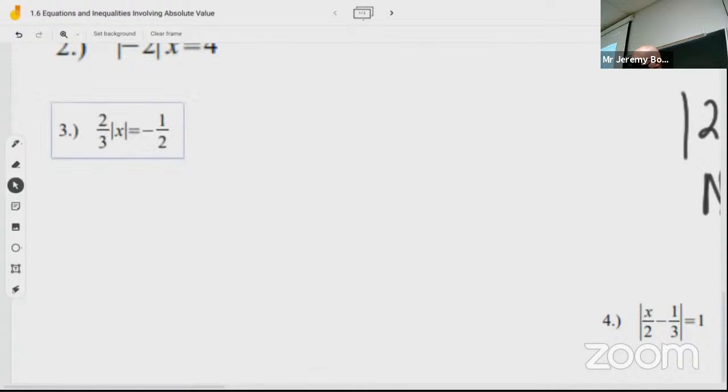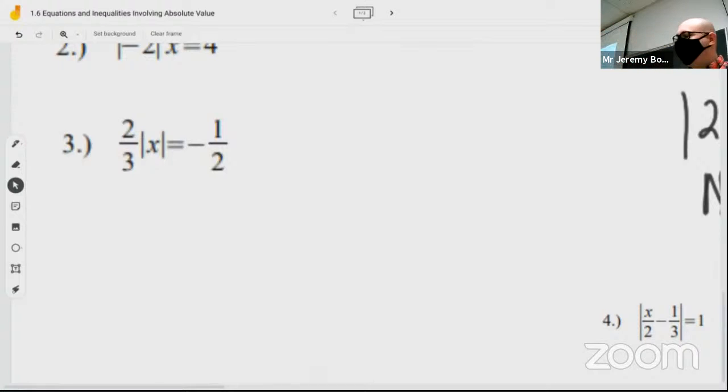All right, number 3. We have 2/3 times the absolute value of x is equal to negative 1/2. What should we do there? What do you think?